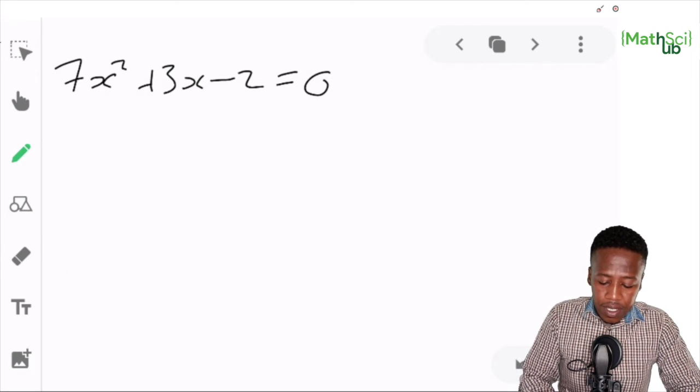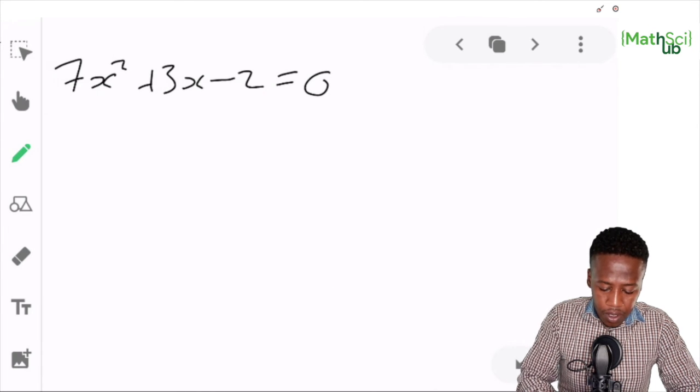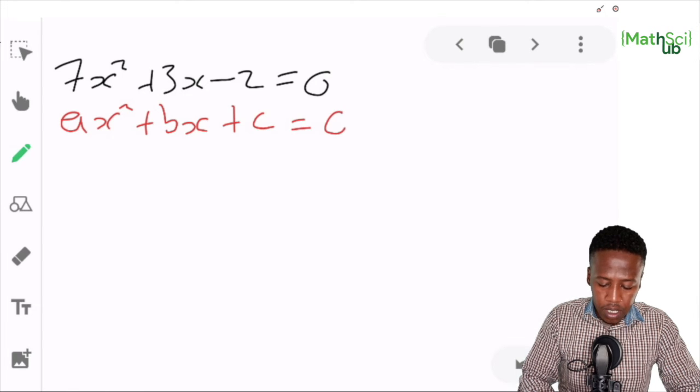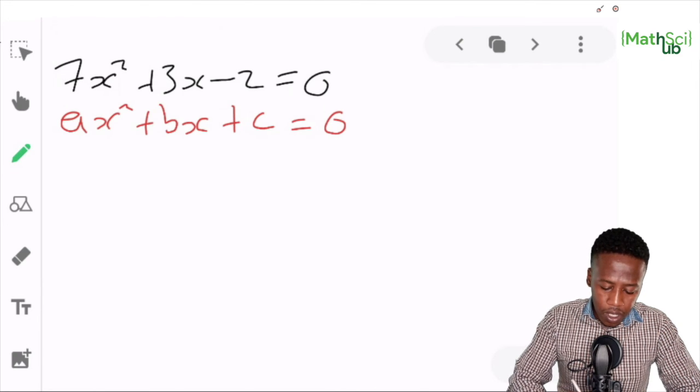Now this is easy. This is in your standard form. Let me rewrite it. This is in your standard quadratic form. It's in the form of ax squared plus bx plus c equals 0, right? Now what do you need to do?